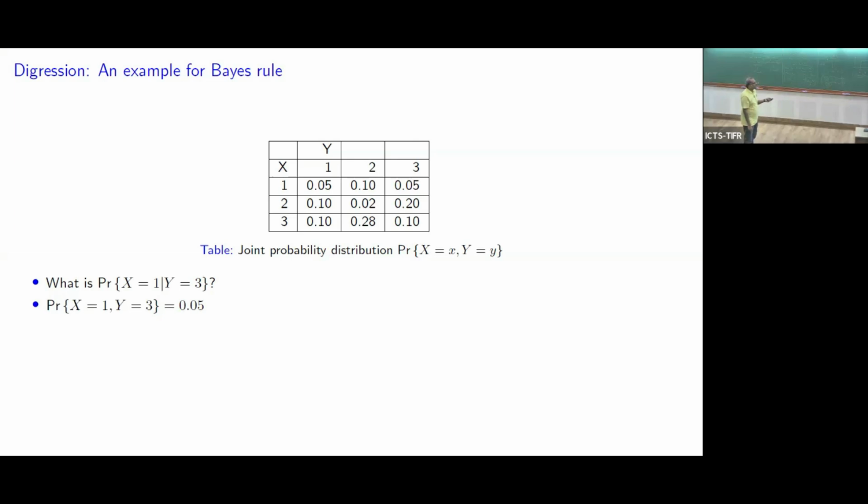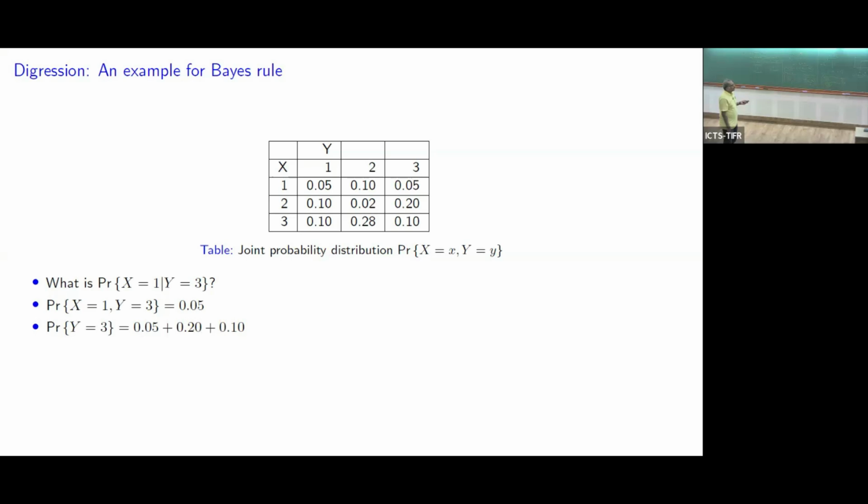So probability of x equal to 1 and y equal to 3, you can read that off from the table. That is 0.05.